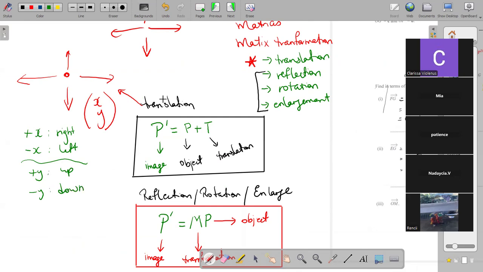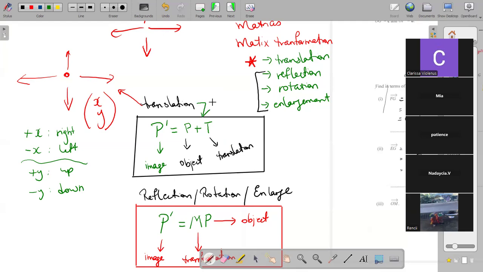Everybody with me? So we should know that the original figure is called the object. So here, as you see, the object, and then the translation is what is done to the object, and the answer you get is called the image. So this formula is the translation formula. Once you finish copying that down, say got it, please.